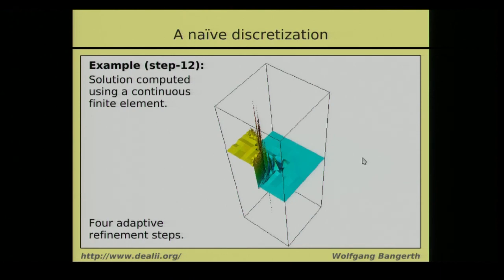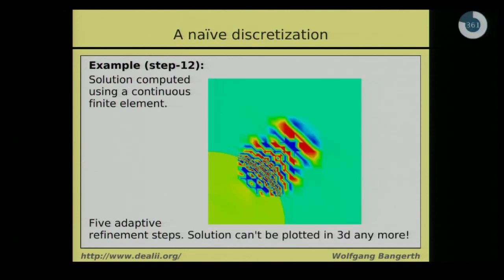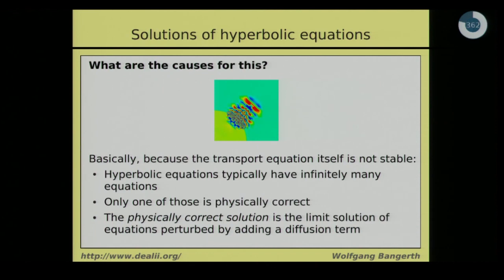And if I do this one more time for a 5th adaptive refinement step, I get something that I can't even plot anymore. So the solution looks like this, and you can easily imagine that if I keep doing this, the oscillations become worse and worse, and it's not going to converge to anything that I'm interested in.